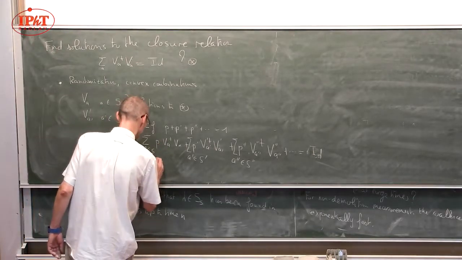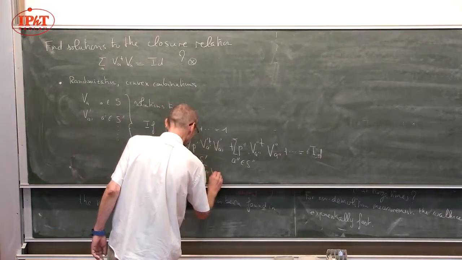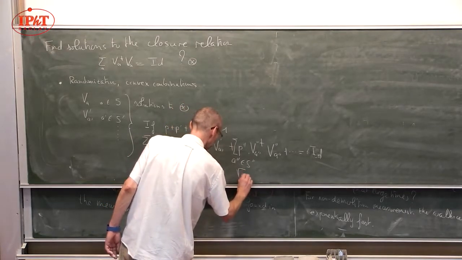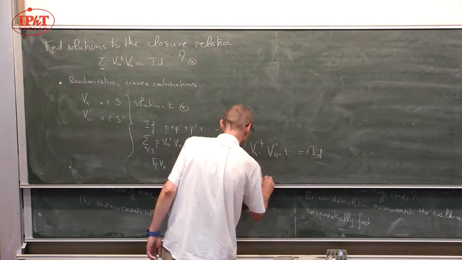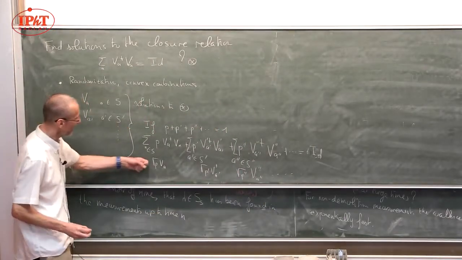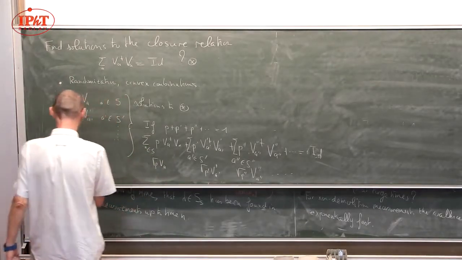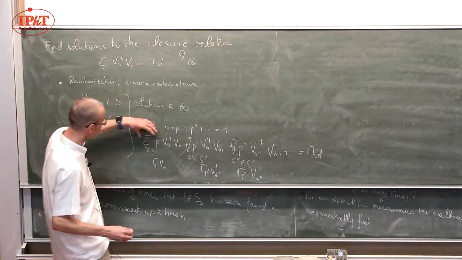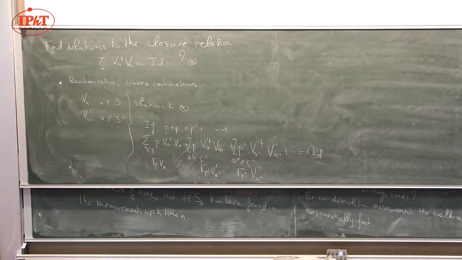So you put square root of P V_A, square root of P prime V prime A prime, square root of P double prime V double prime A double prime, etc. Then you have new families of operators, and there are more than before. For these, you will get an equation which is exactly star for a larger family of operators. So this is something you can always do.